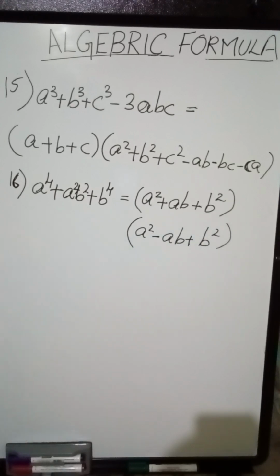So a to the power of 4 plus a square b square plus b to the power of 4 is equal to a square plus ab plus b square into a square minus ab plus b square.